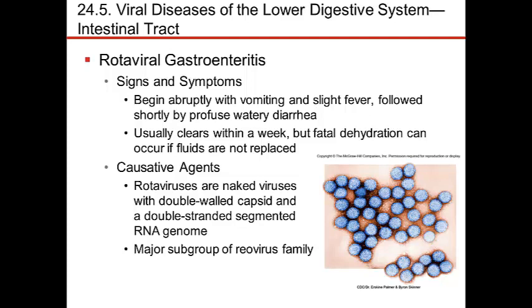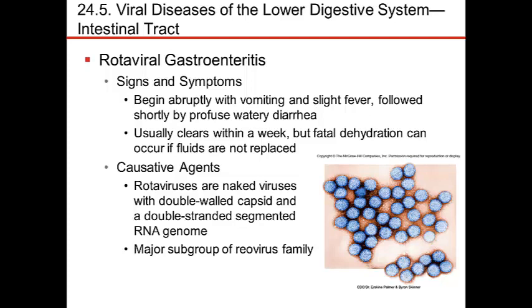Of the viral agents that cause enteric infection, rotavirus, a double-stranded RNA virus with at least 8 different serotypes, is the most common. As with most viral pathogens, rotavirus affects the small intestine, causing voluminous watery diarrhea with no pus or blood.